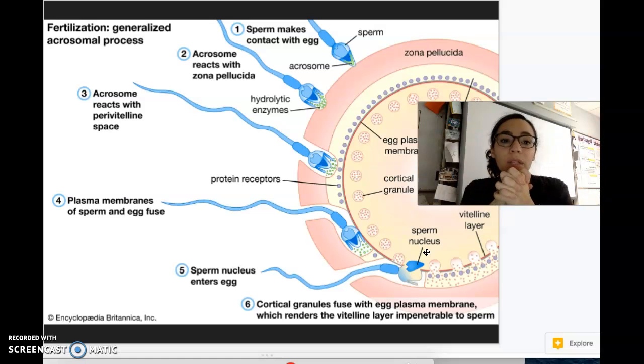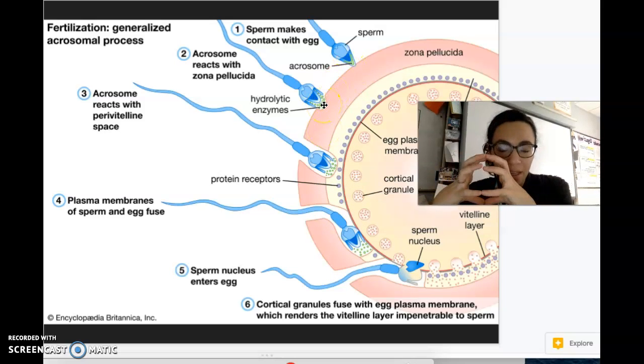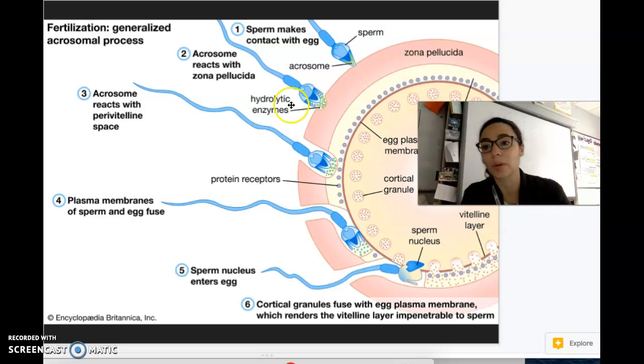Those chromosomes come together to make a zygote, a diploid cell with 46 chromosomes. This is a brand new individual, genetically unique. And once that one sperm enters the egg, no other sperm can get in. There are proteins and enzymes that get released that kind of harden the egg and make it so that no other sperm can get in. So just the one sperm is able to get in.